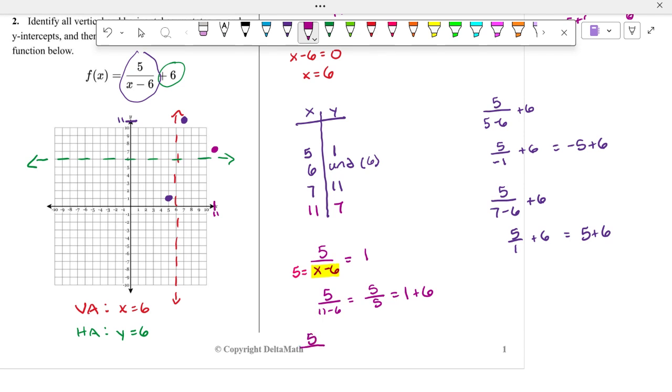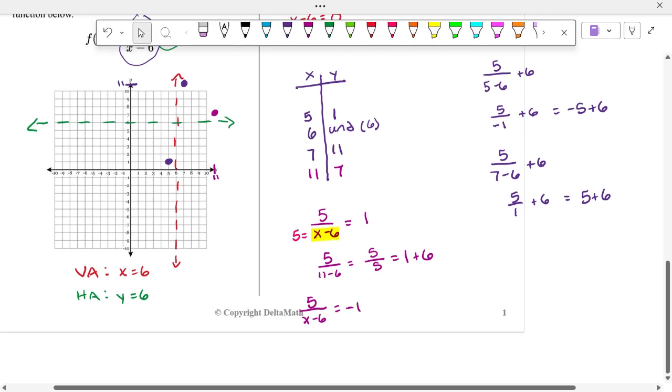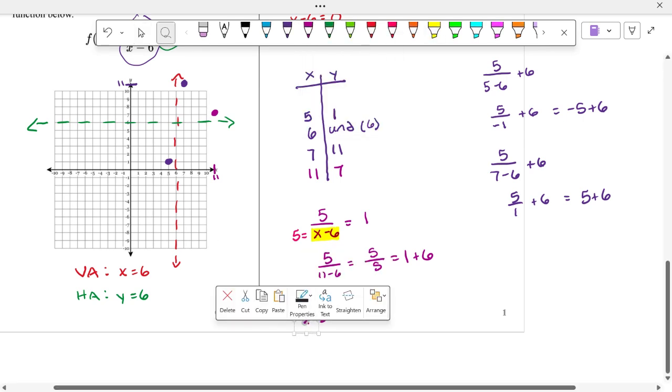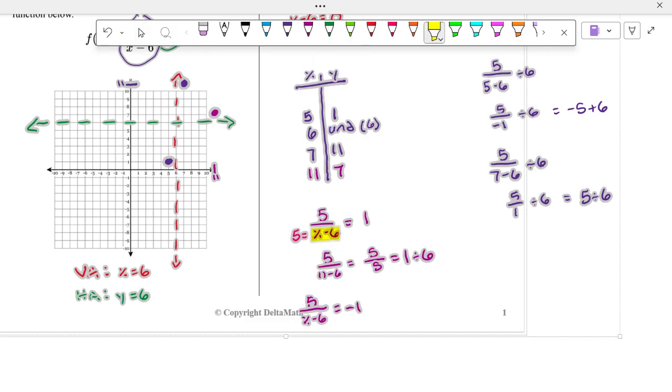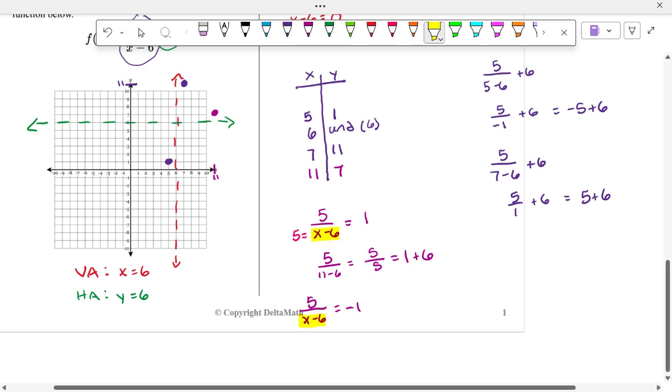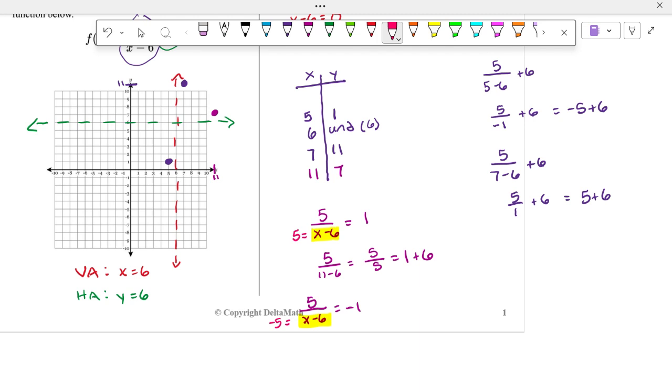Now I want it to equal -1. So what value would I need to put in my denominator? Or in other words, what will my denominator have to be? It needs to be -5, right, in order for it to equal -1.